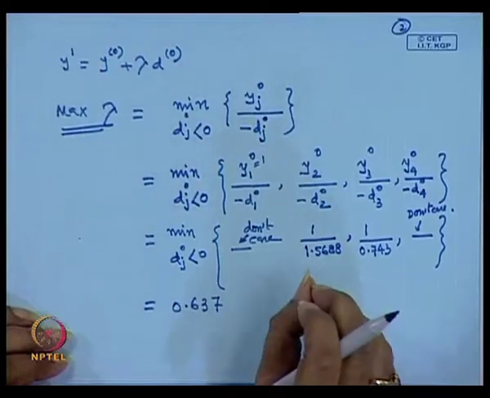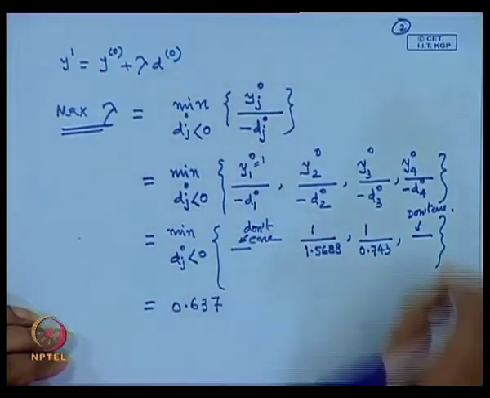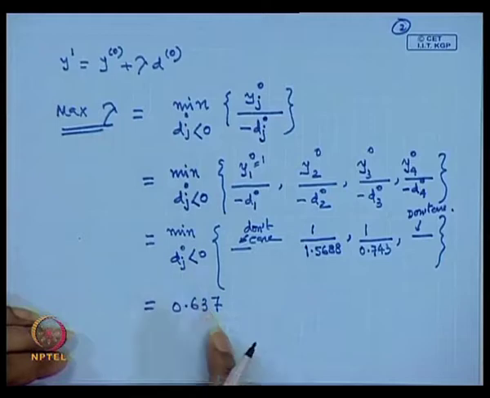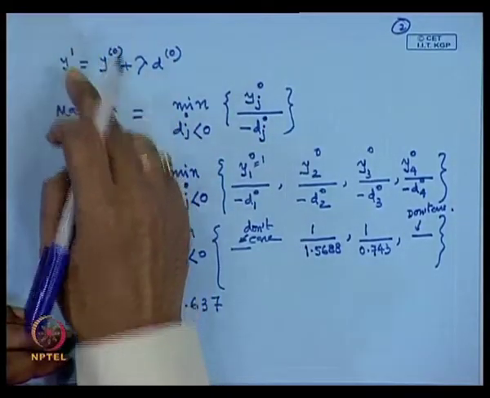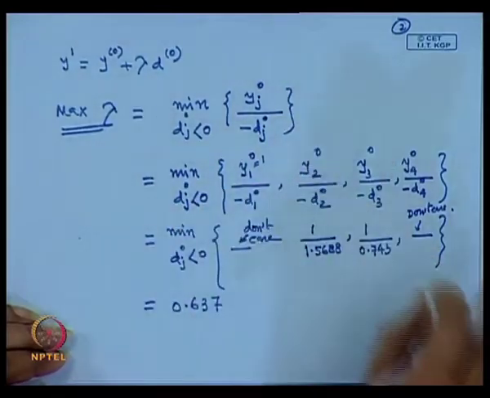It indicates that you are on the boundary of this region. To avoid that, whatever lambda max you got, you multiply by a factor less than 1. Generally, you multiply by 0.9. It ensures that all the elements of the new point y1 will lie inside the region. Inside the region means it is an interior point, not only on the boundary of the region, this is ensured.